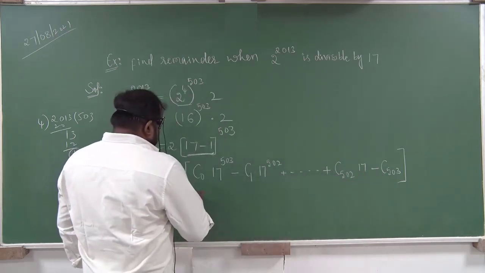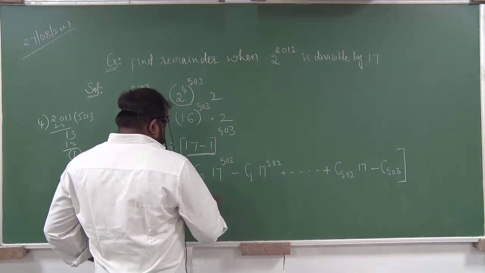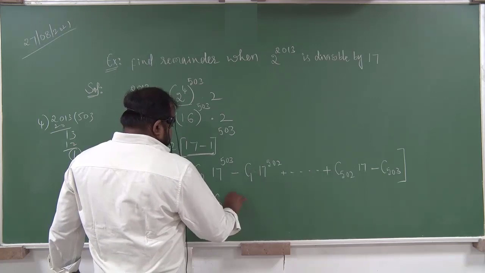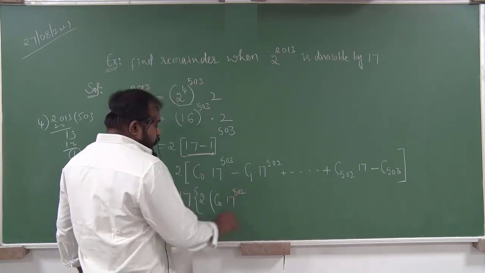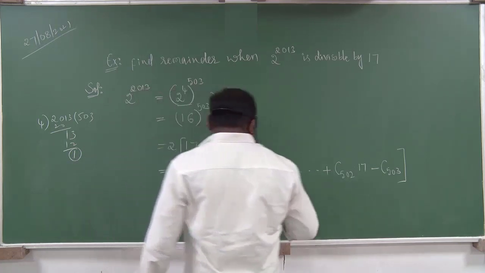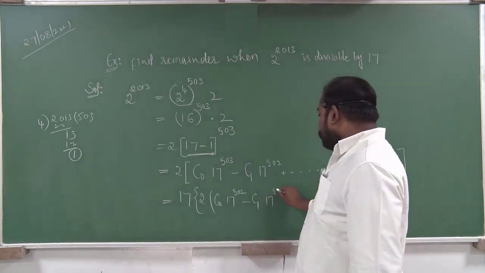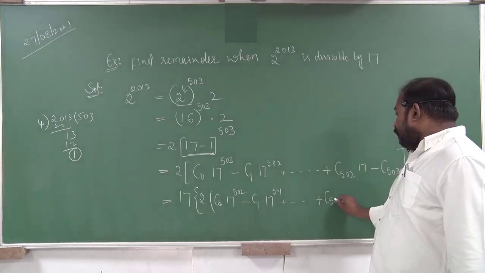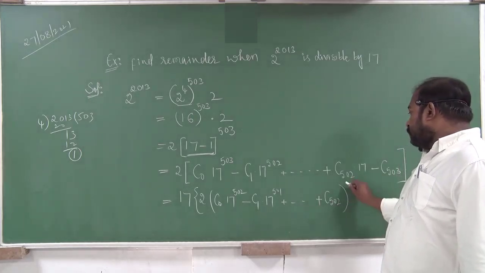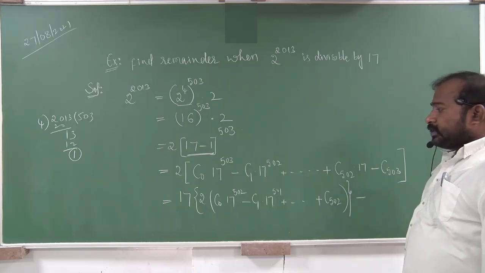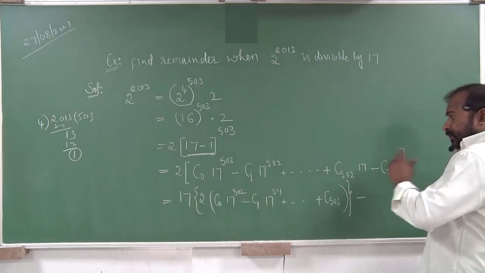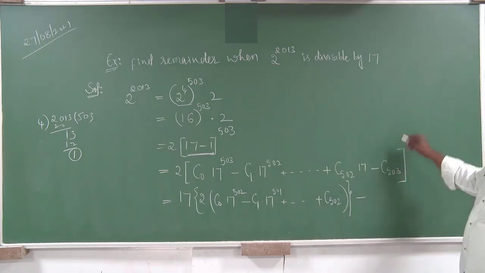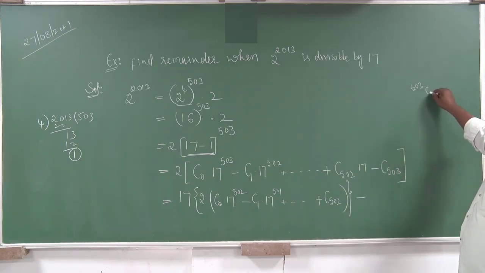If I take 17 common here, what I can get? 2 times of the total of this value: C naught into 17 power 502 minus C1 into 17 power 501 plus and so on plus C 502, till here you will get. This is the value, minus, listen, minus 2 times of this value. Means here 503 C 503.